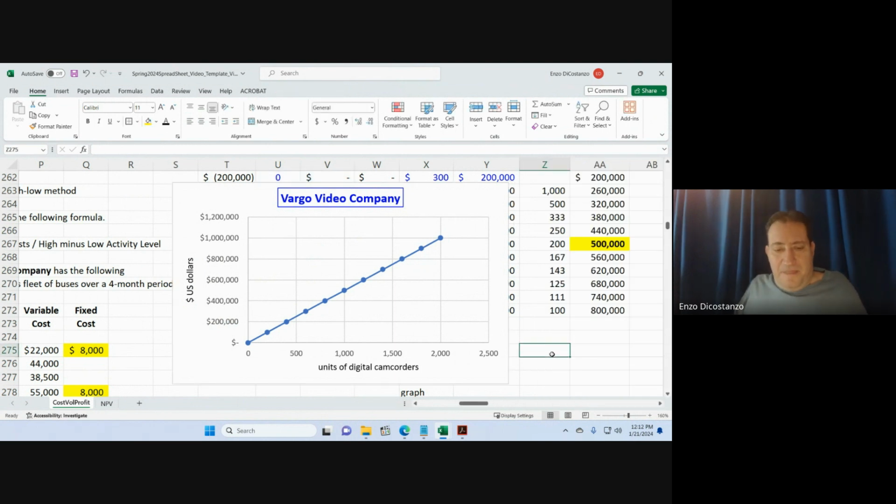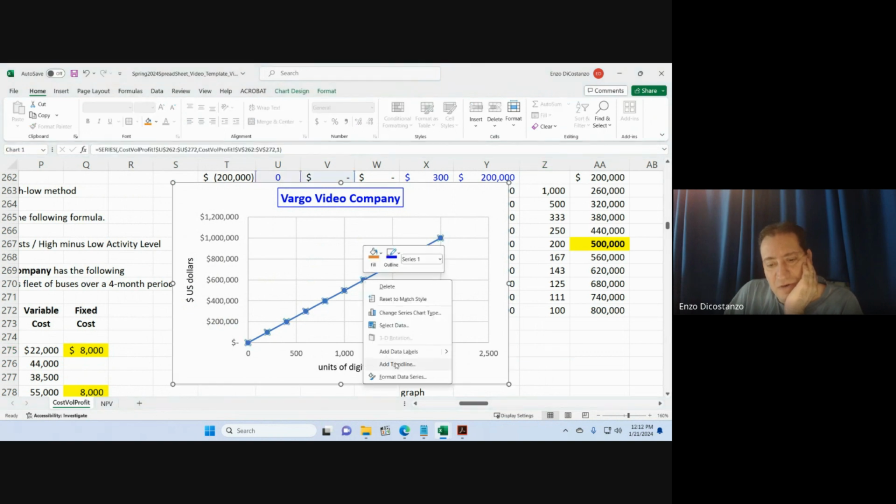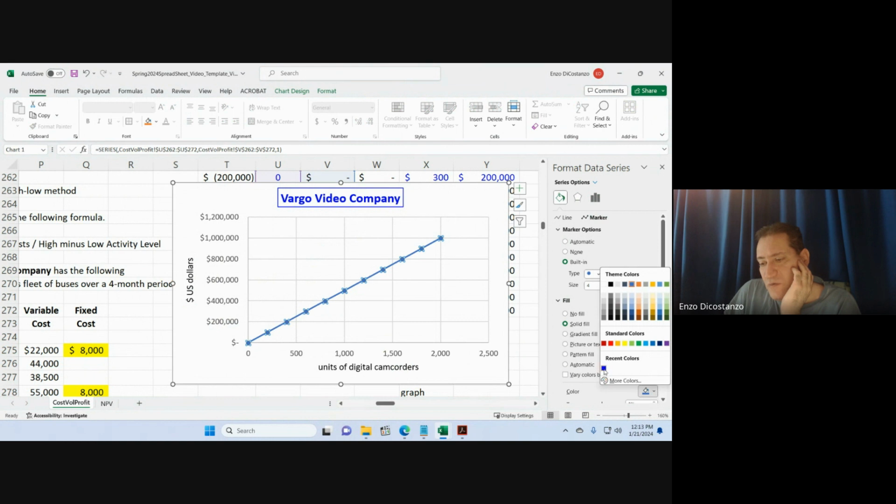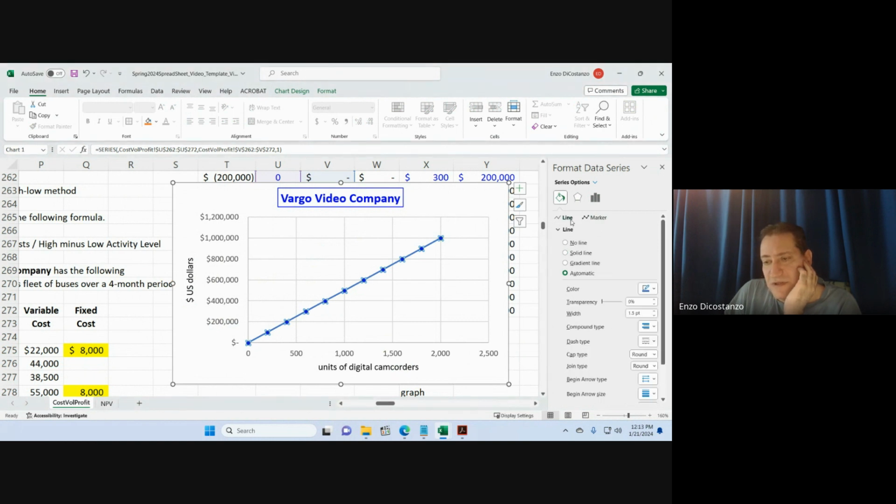Okay. You have that. Right click on the marker, format the data series. I think it's the first one. Markers, options, built in, reduce it, fill, solid. Let's pick our Wall Street color, line, solid, Wall Street blue.